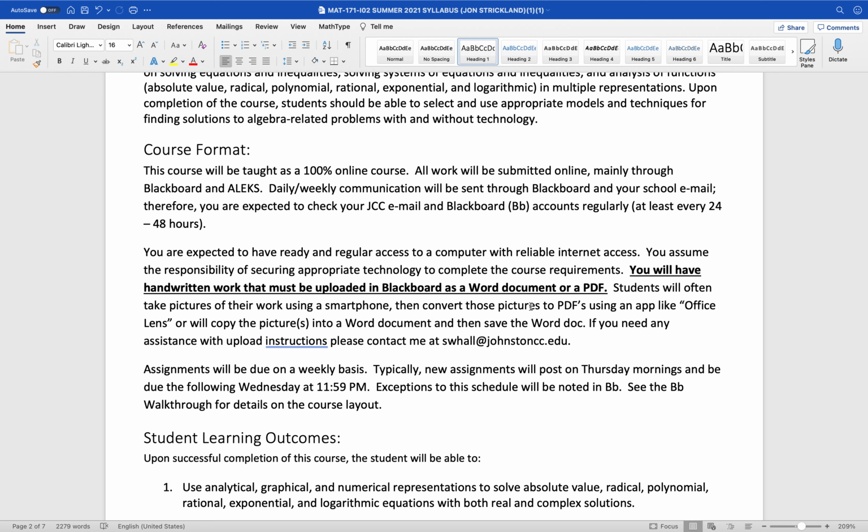All work is going to be submitted online, mainly through Blackboard and ALEX. It says you are expected to have ready and regular access to a computer with reliable internet access, and you will assume the responsibility of securing appropriate technology to complete the course requirements.